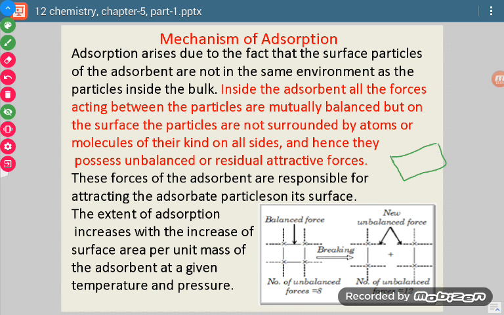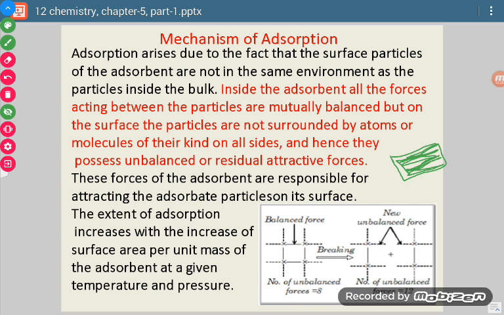The molecules on the surface are in touch with the air outside, but the molecules inside are not in touch with air. So surface molecules face one environment, and inside molecules face another environment. Because of this, there is the phenomenon of adsorption.